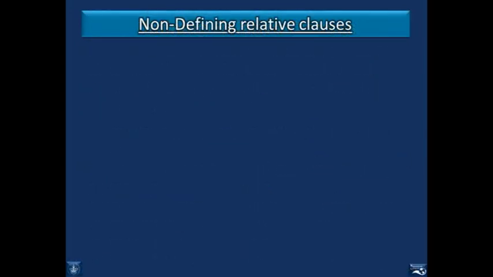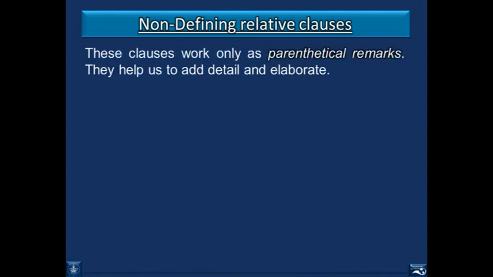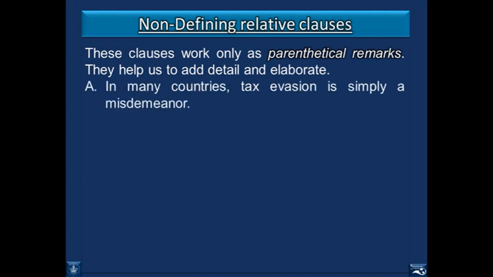The second kind of relative clauses are non-defining relative clauses. Now these ones only help us to provide additional information about the subject. In other words, they work only as parenthetical remarks. They help us to add detail, to add additional information and elaborate on our ideas. For example, in sentence A, in many countries, tax evasion is simply a misdemeanor. We have a complete idea.